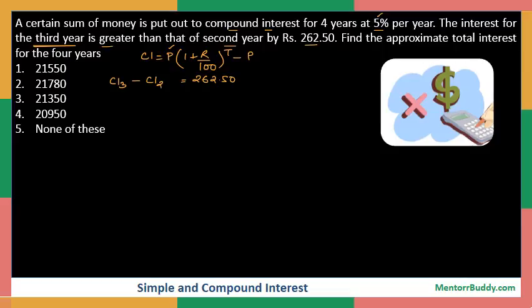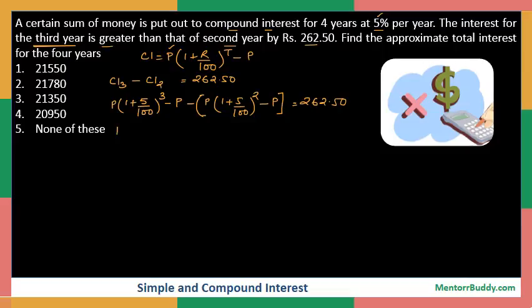So interest for 3 years, P multiplied by (1 plus 5 by 100) to the power 3 minus P, minus interest for 2 years, which becomes, if I take the square brackets, P multiplied by (1 plus 5 by 100) to the power 2 minus P, is equal to 262.50. Now as we can see from here we can calculate the value of P.